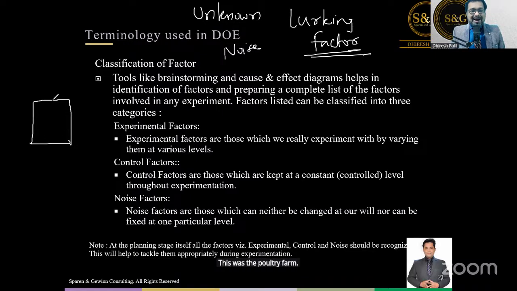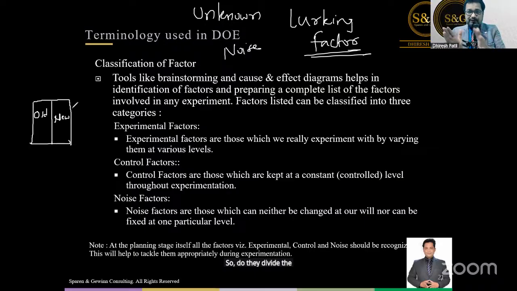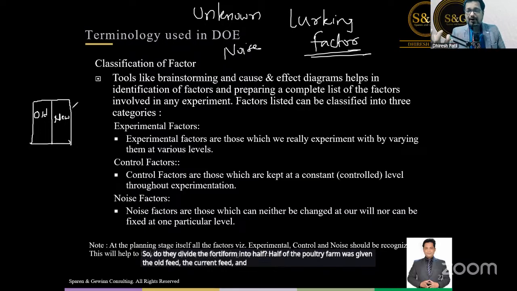So they divided this poultry farm in half. Half was given the old feed, the current feed, and the new feed was given to the other half of the chickens.